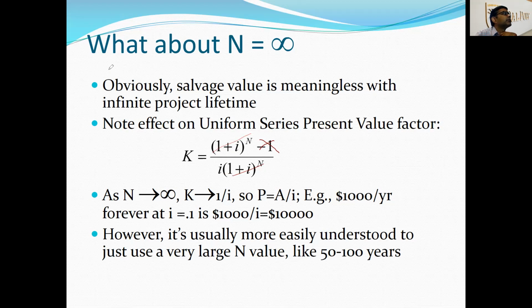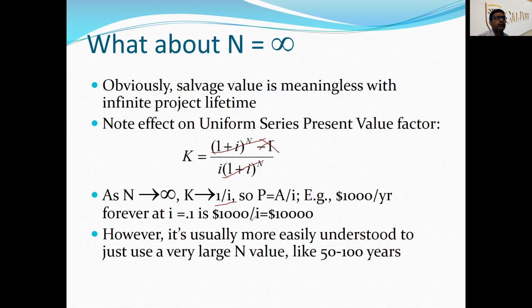I probably should be just drawing it. So if this goes away, I can cancel out this. As n tends to infinity, k becomes just 1 over i. So 1,000 per year at an interest rate of 10%, the present value would be $10,000.